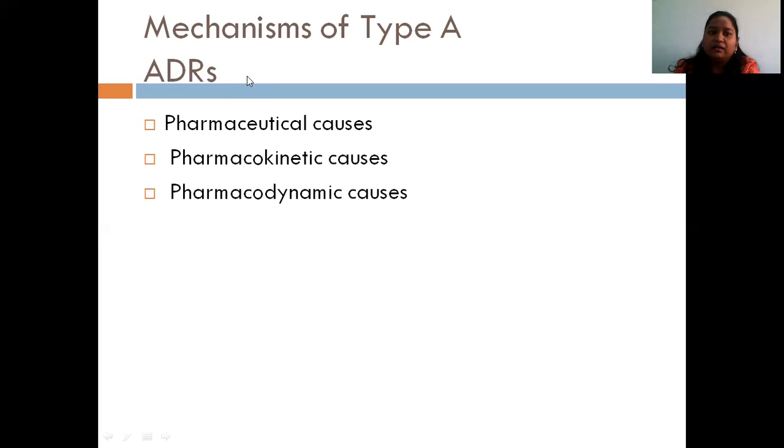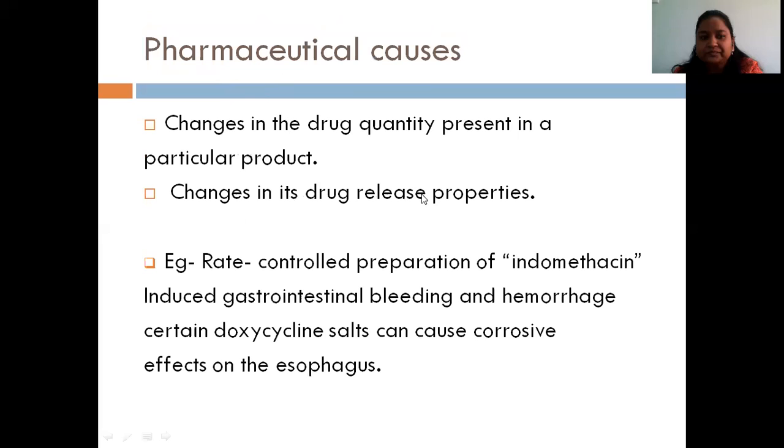So according to the mechanism behind the adverse drug reactions, it is being proposed here. If we talk about type A, the augmented type of pharmacological actions, we can classify the mechanism into three basic parts. The augmented adverse drug reactions can depend upon pharmaceutical causes, like the formulation of the drugs, pharmacokinetic parameters, ADME, and pharmacodynamic causes.